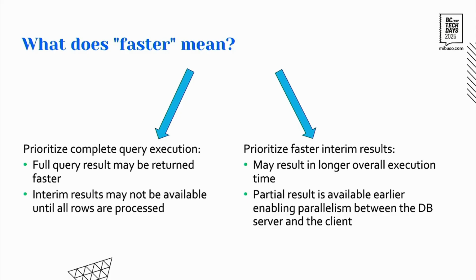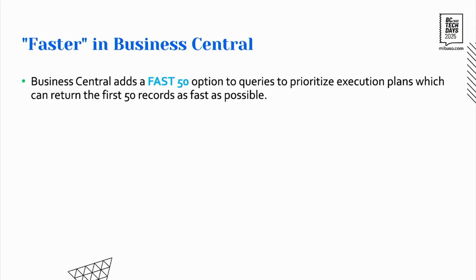So now back to the question, why is my query slower? How does Business Central define faster? In Business Central, faster means exactly the second option. Business Central goes the second avenue of prioritizing interim partial results.